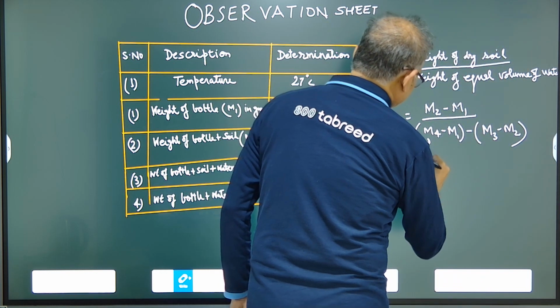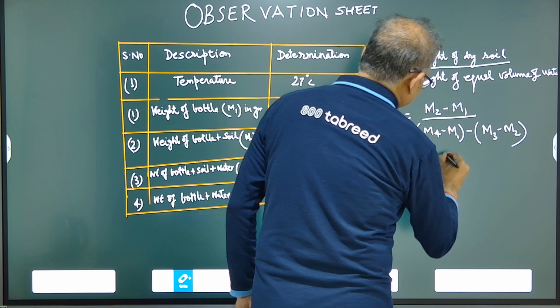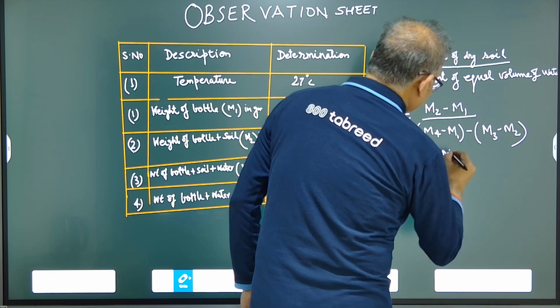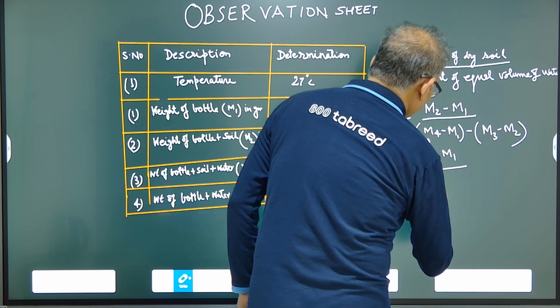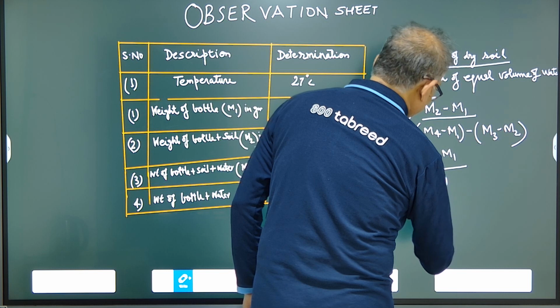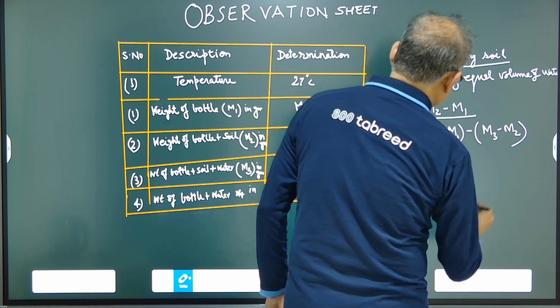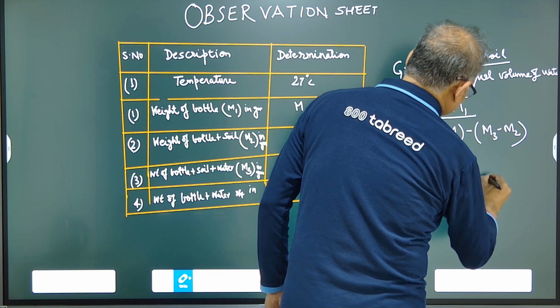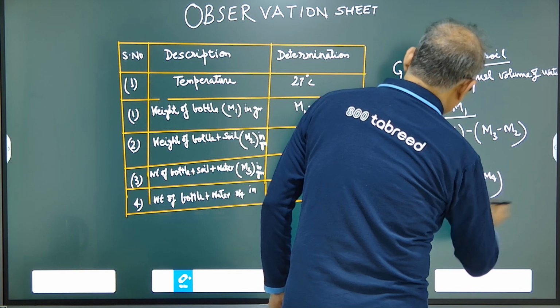So rearranging, specific gravity is (M2 minus M1) upon (M2 minus M1) minus (M3 minus M4).